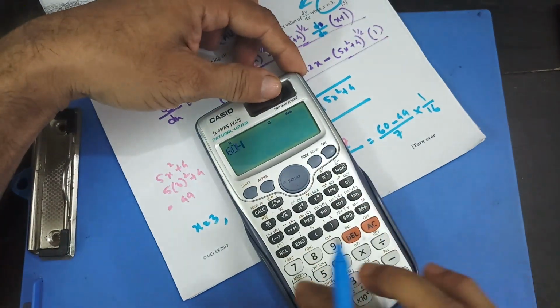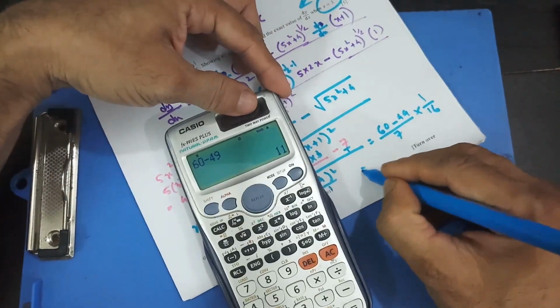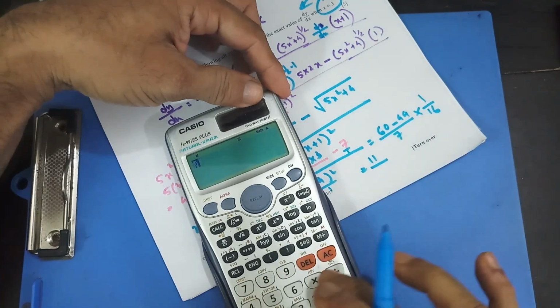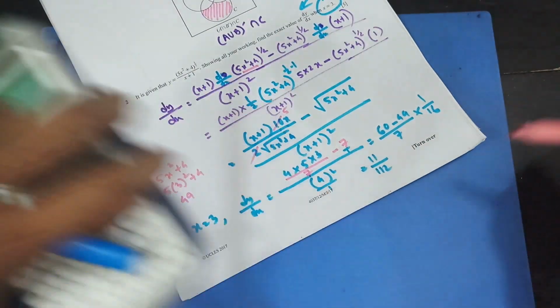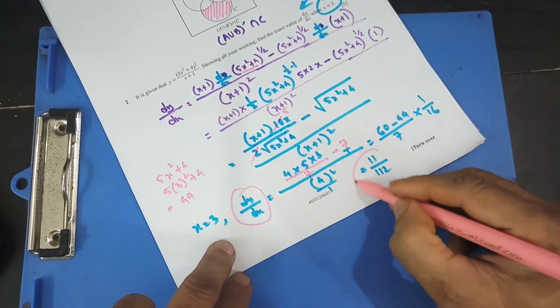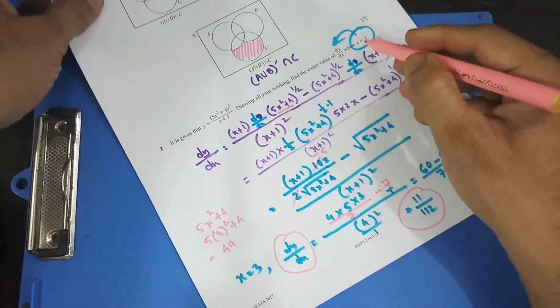So 60 minus 49 is 11, and below that 7 times 16 is 112. So dy/dx is 11 over 112 when x equals 3.